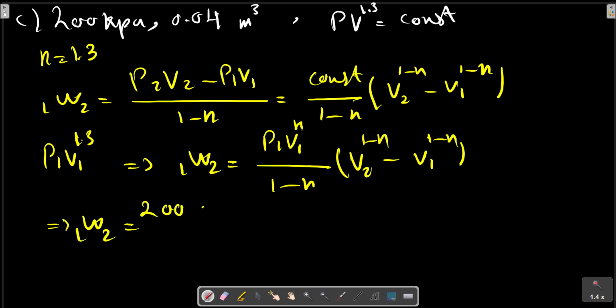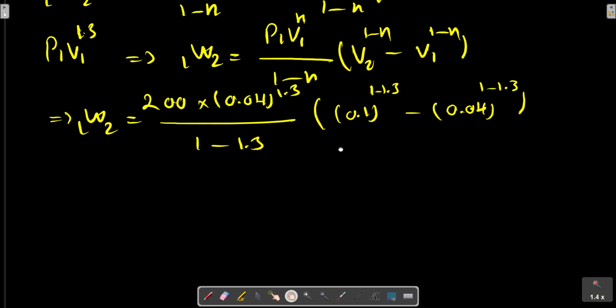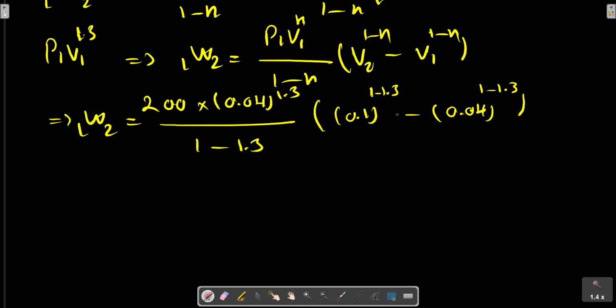P1 is known, V1 is known, one minus n, multiplied by V2 known, multiplied by V1 also known. So W can be calculated.